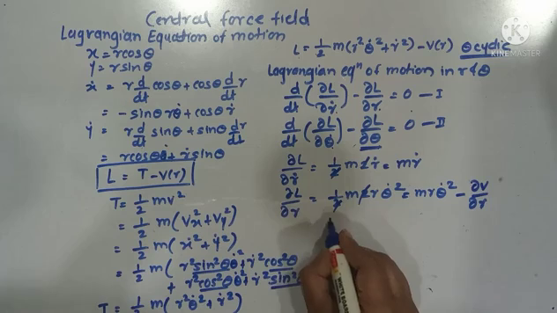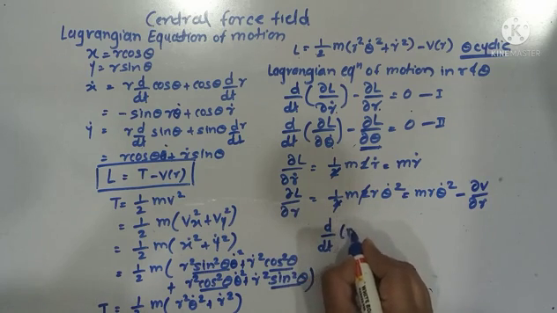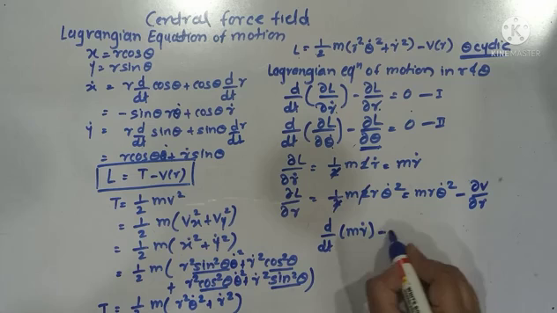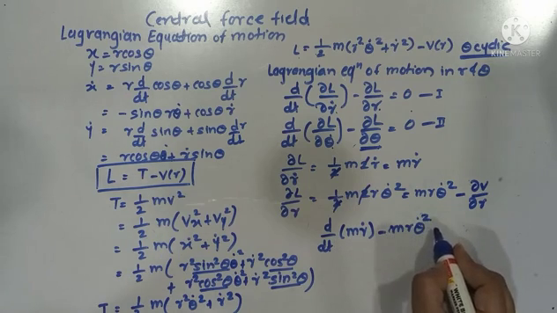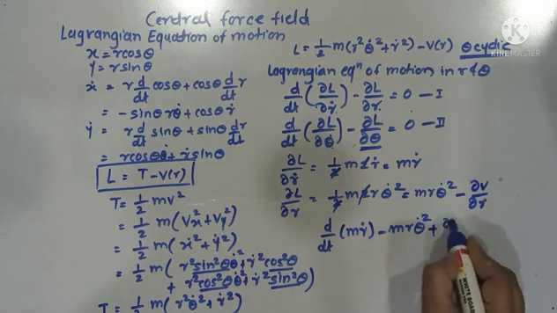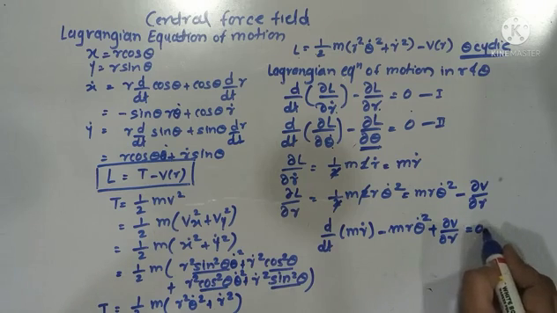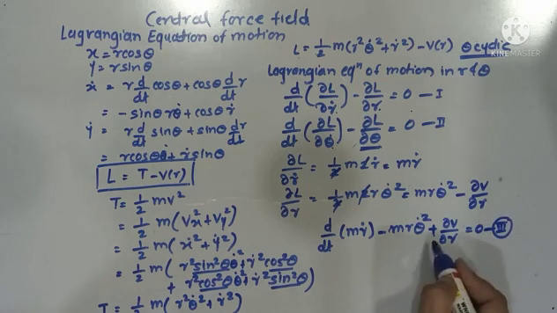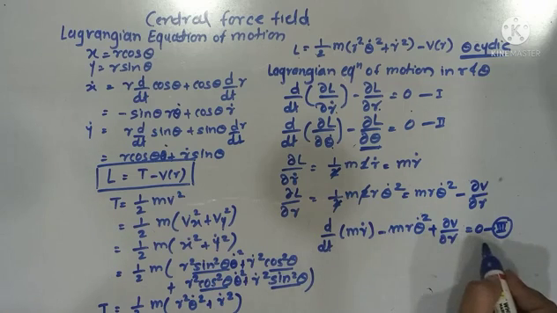So I can write d by dt of m r dot minus m r theta dot square plus dou V by dou r is equal to 0. I will call this equation 3, which is the first Lagrangian equation of motion in the central force field in terms of r.